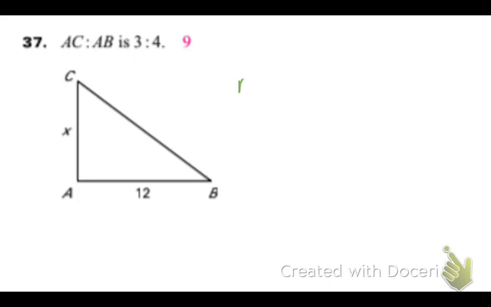AC over AB, we'll put it into ratio form, which is what we're used to at this point, is equal to 3 over 4. Now let's look at our triangle. So here is AC, that's equal to x, and here is AB, and that's equal to 12.